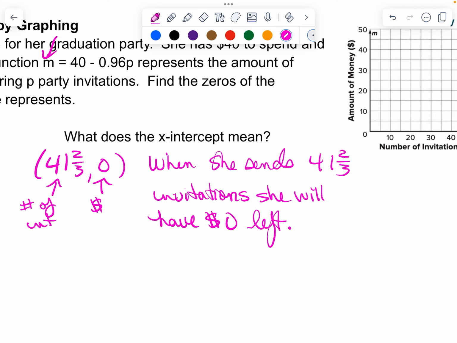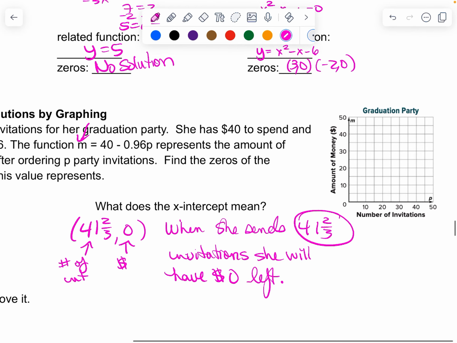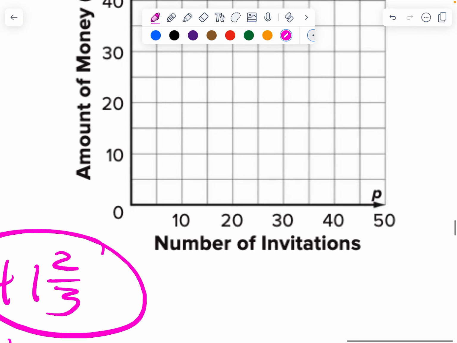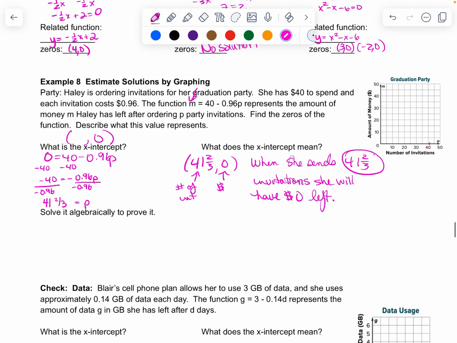Now, do you actually send 41 2/3 invitations? No. But that's where you would hit 0. Okay? So she would only send 41. So she would have a few extra dollars in her account. But when we're graphing it, that's what it means. So I would come over here to 41 and a little past 41. Okay?